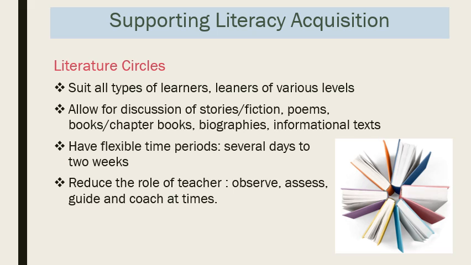Some students are better at that than others. There's one that has a visual representation of a concept or the story or whatever it is that you're discussing, and some students would be hesitant to take on that role if they don't feel that they're a very good artist or that type of thing. So it does suit all types of learners and learners of various levels.